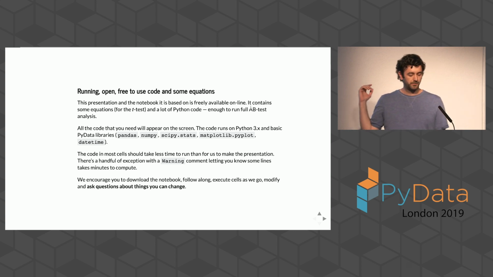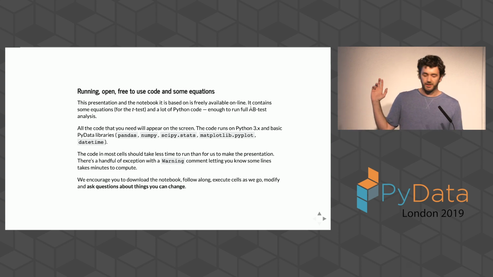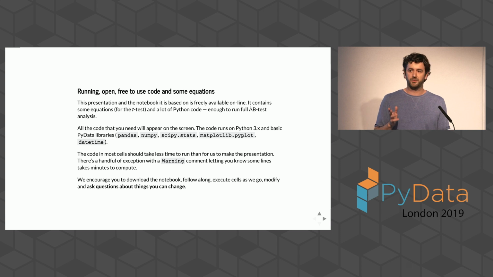Okay, so as I was saying, the code is on, you have the link on Slack, so it's free to use. It uses just basic, simple libraries. In this case, we're going to actually use a t-test, which is quite a simple way of doing this. The idea was to focus more on the problems with the sample sizes.